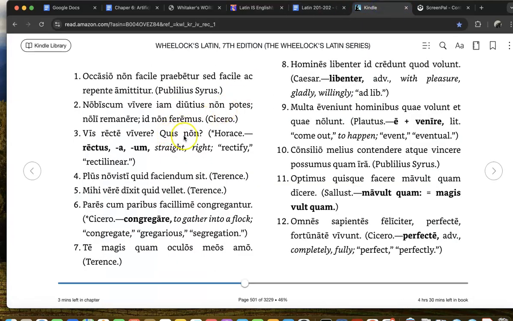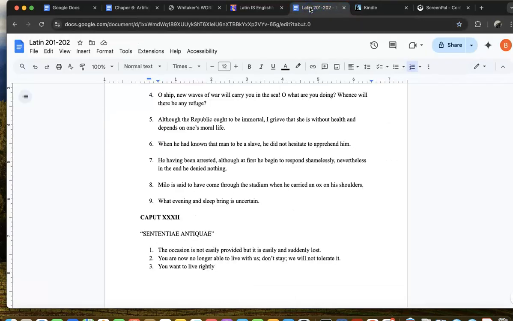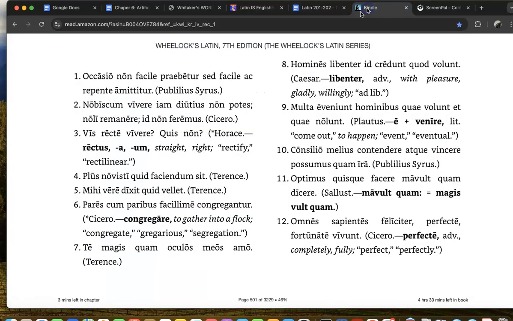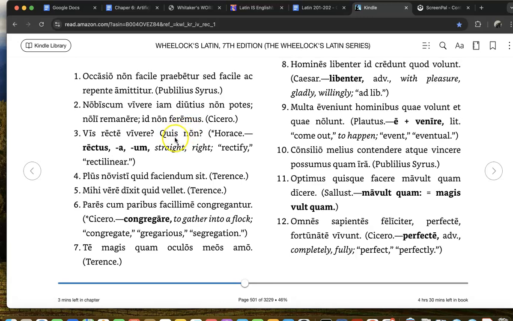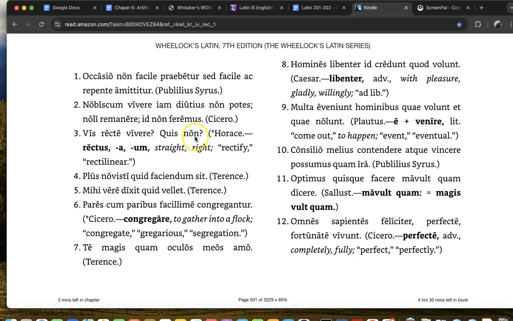And then literally, who does not? So that one is nice. And it's also nice because it reminds us Latin doesn't use do or does. So literally, who not, right? But we need to say who does not. And so the verb is somewhat implied here.